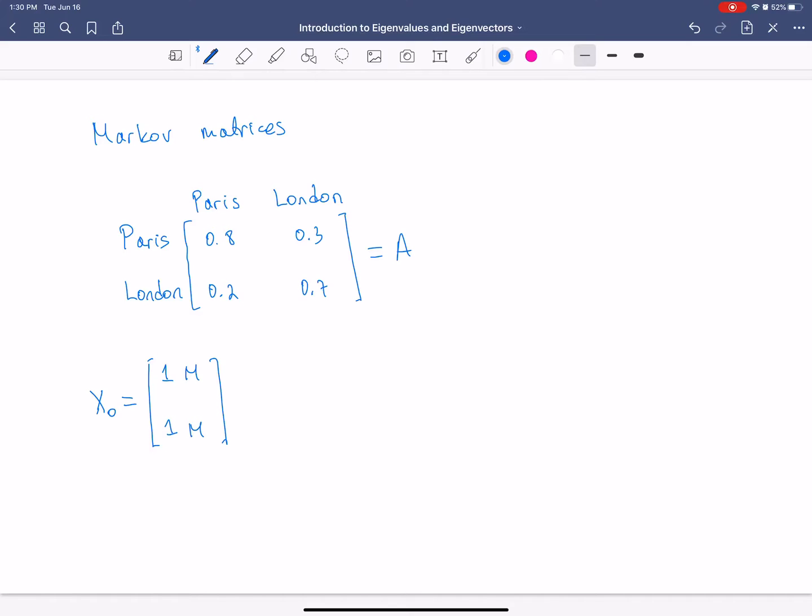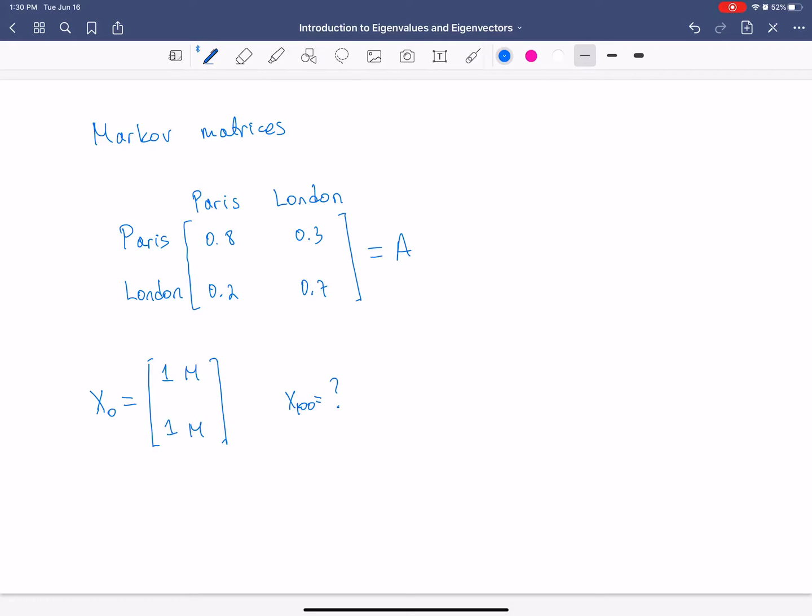If we started like this and applied this migration procedure repeatedly, I can ask the question: 100 years from now, how many people are in London and how many people are in Paris?